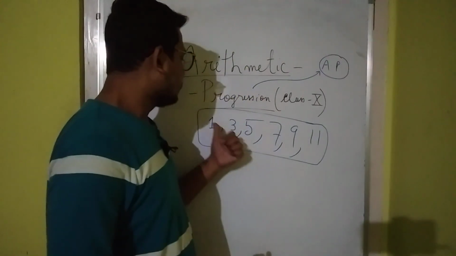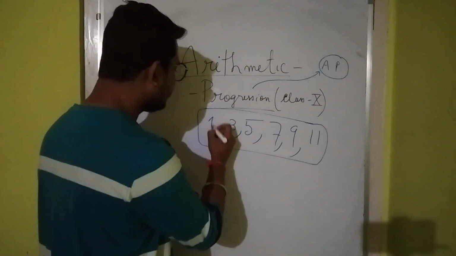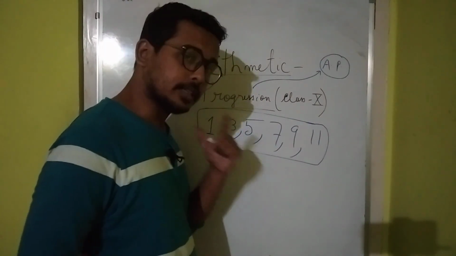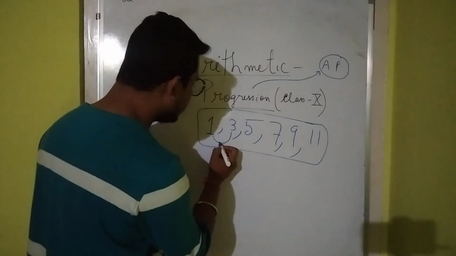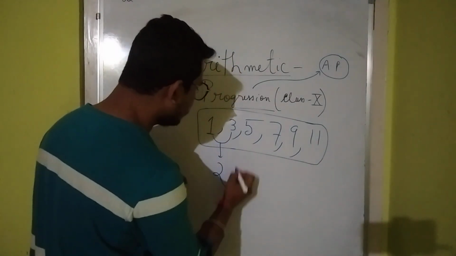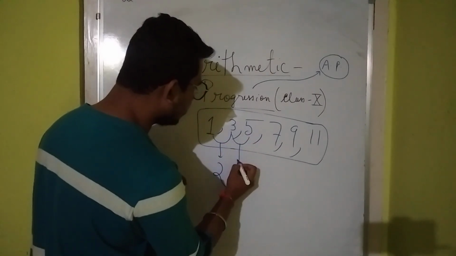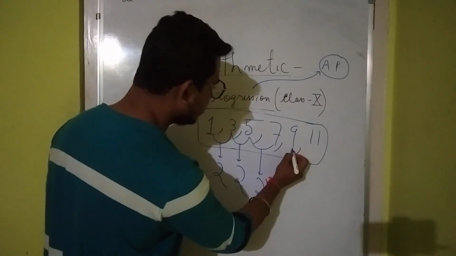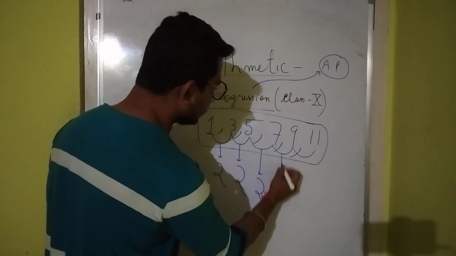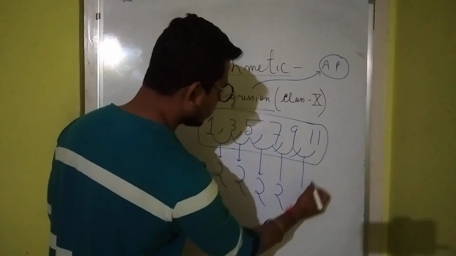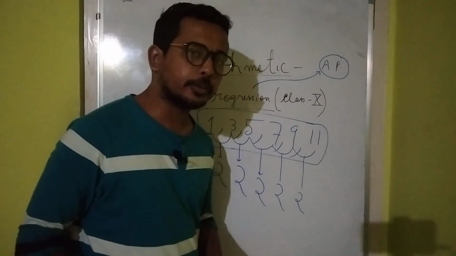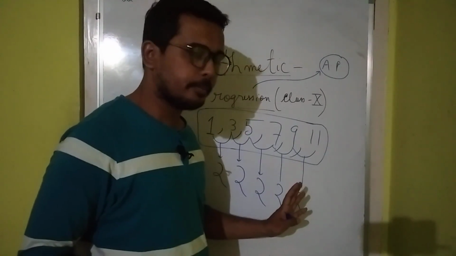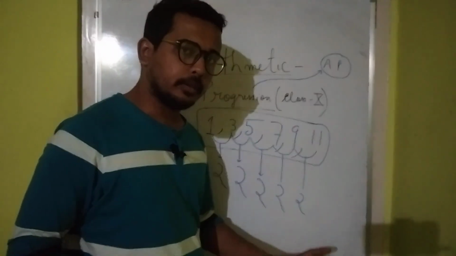All right. So are these numbers in AP? Yes, because इन दो के बीच में जो डिफरेंस आ रहा है that is 2. इन दो के बीच में भी डिफरेंस देखो तो that is 2. इन दो के बीच में भी डिफरेंस 2. Same goes for this 2 also. So ये कॉमन डिफरेंस हमेशा same आ रहा है between any two consecutive numbers. So this is called an AP. Okay.